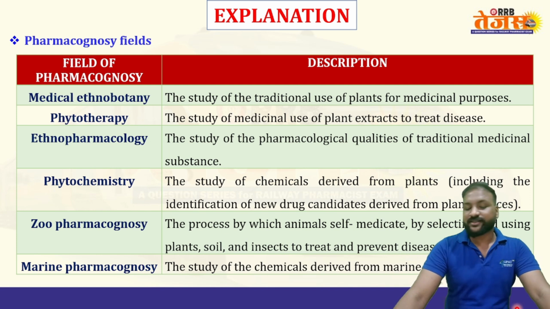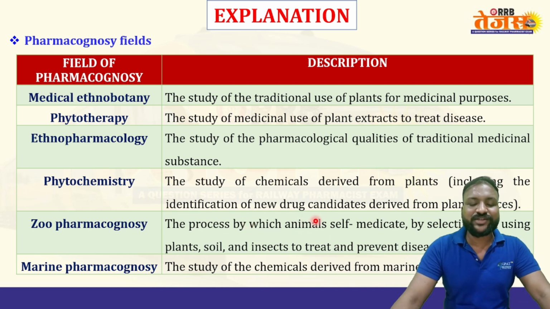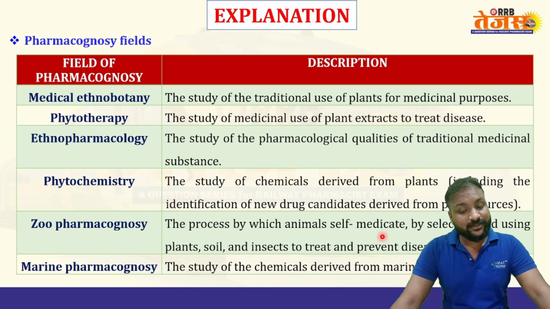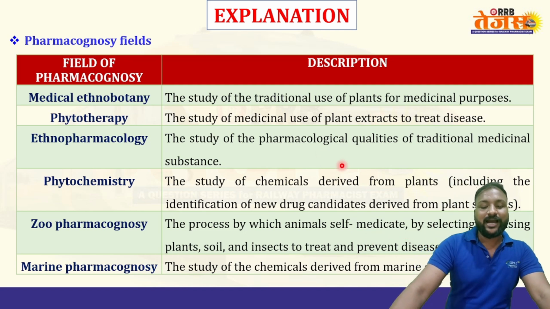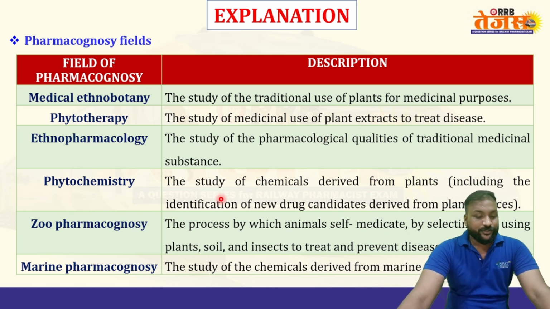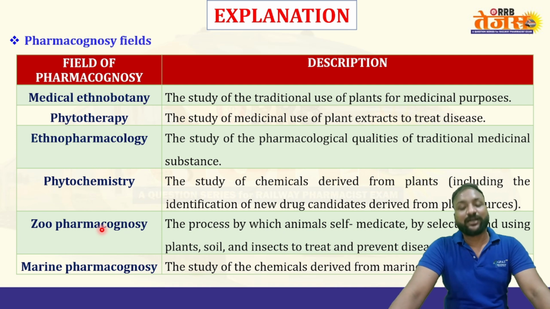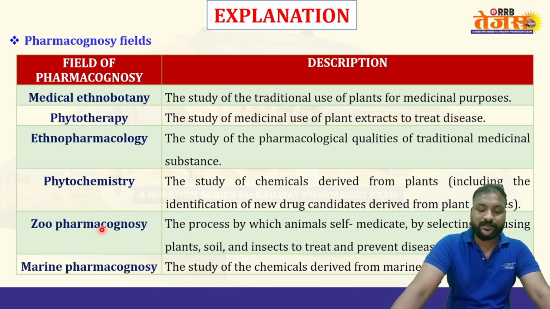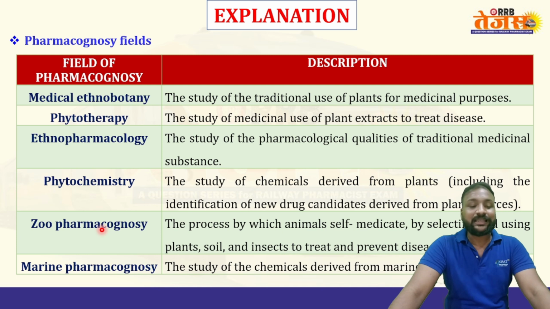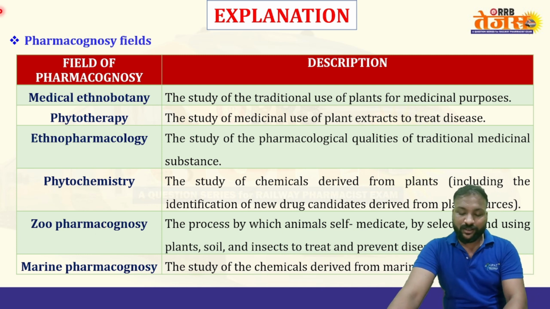And zoopharmacognosy is the process by which animals self-medicate by selecting and using plants, soil and insects to treat and prevent disease. And lastly, marine pharmacognosy is the study of chemicals derived from marine organisms. Clear? So that's about this question.